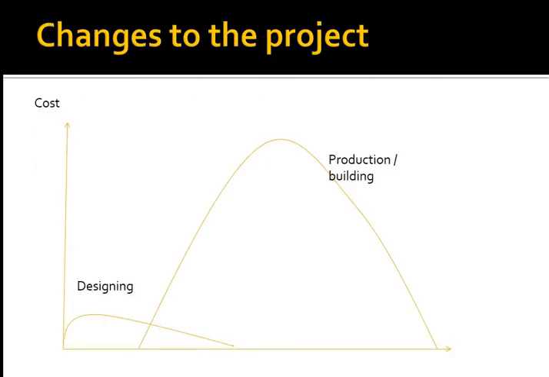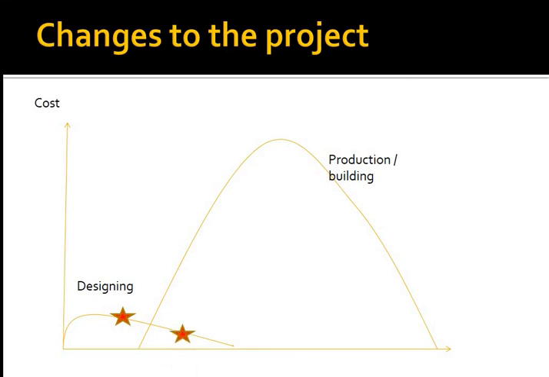A remark on changes in the project. As you can see, here is the design phase. Okay, and here this is the execution phase. Actually, this is the cost, this is the timeline, of course. So if you make changes during the designing phase, they do cost something, but it's not that much.